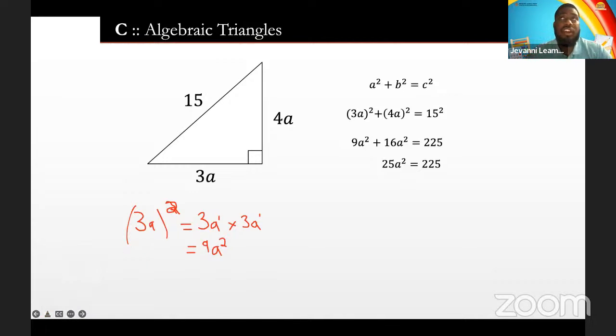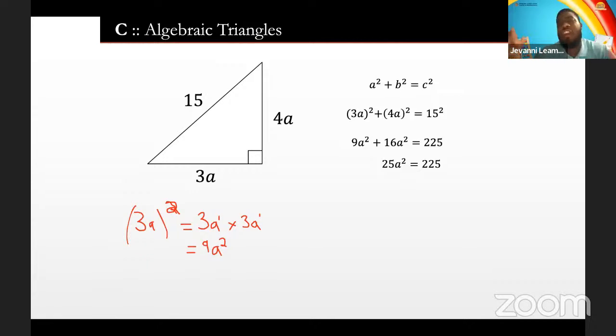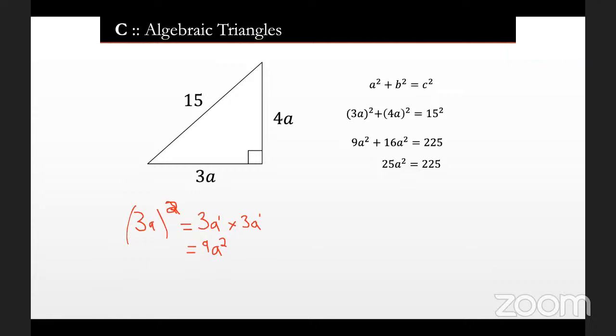So what's the opposite of multiplication? Division. Would I divide one side or both sides, and what do I divide them by? 25. Why divide by 25? Because we're trying to get a by itself. Excellent.